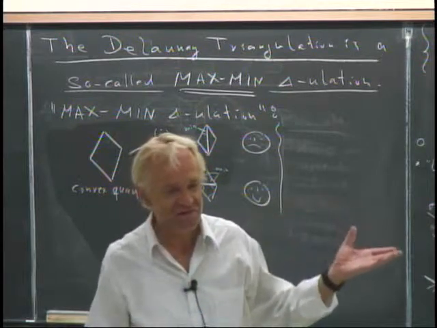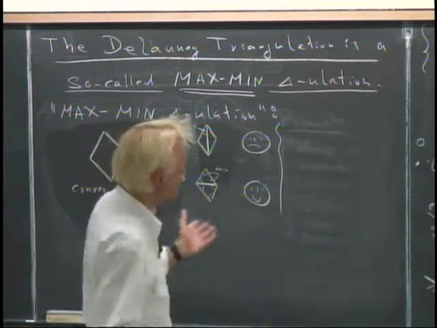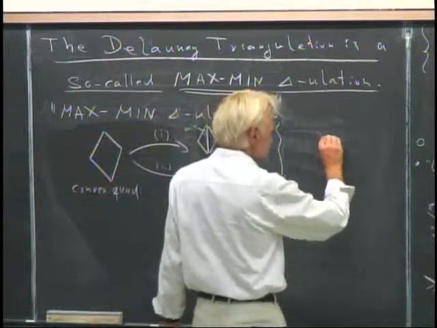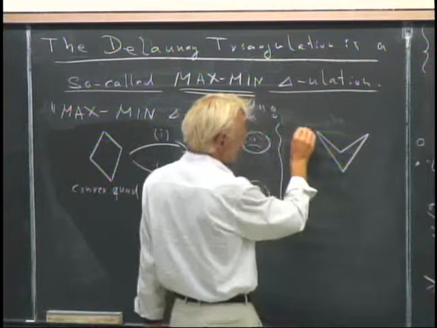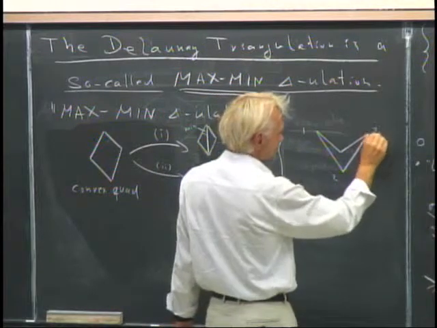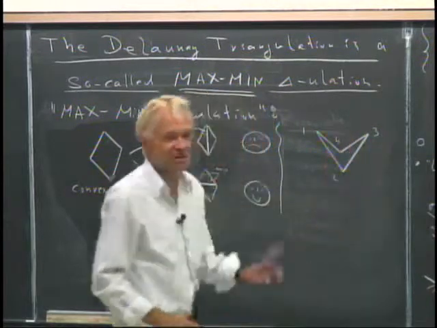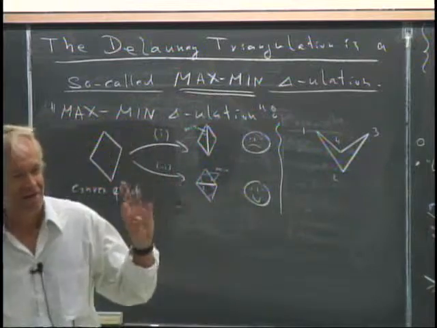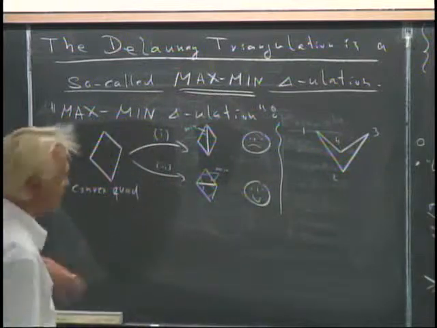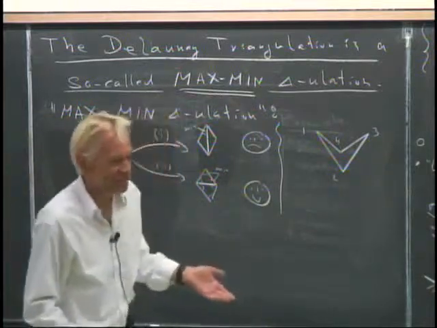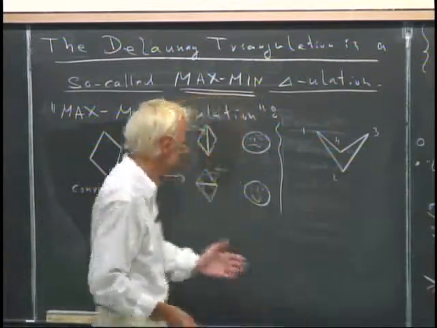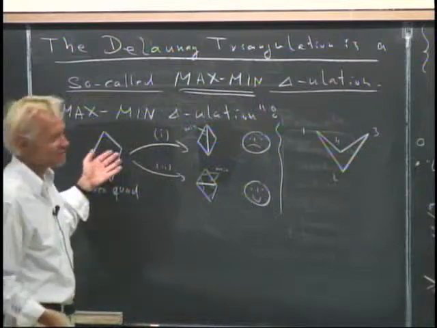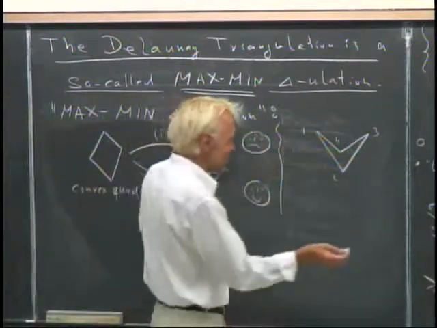Always two ways, right? It's two ways to triangulate. When it's non-convex, there's only one. I only talked about convex quadrilaterals. This is non-convex. So therefore there is only one we have to do.